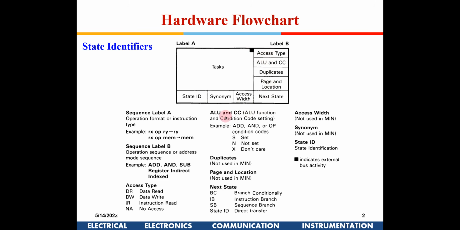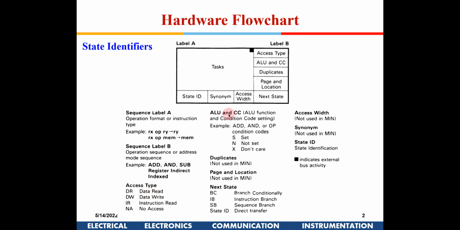Now let's discuss each one of them. Now here we mention the access type. We write DR whenever we are reading data from the memory. So for all those operations where data is being read from the external data bus, we write a data read.